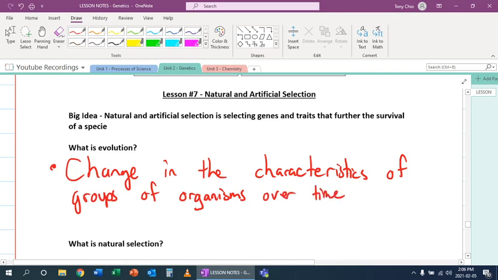This is really the premise of natural selection, and it was founded in part by Charles Darwin when he went to the Galapagos Islands. And he called this natural selection.